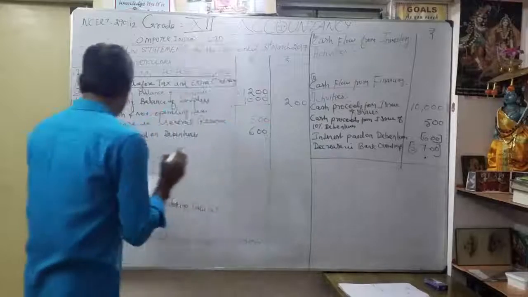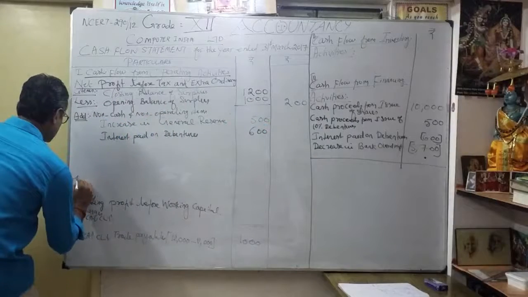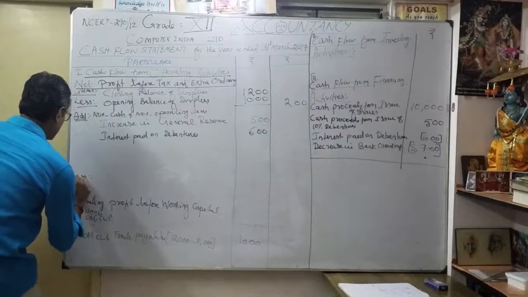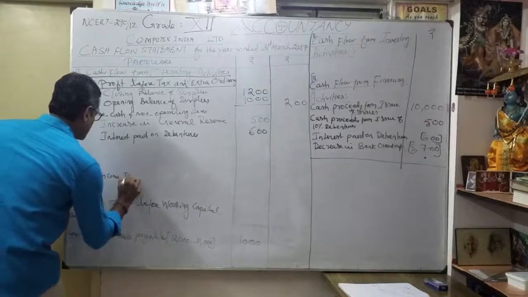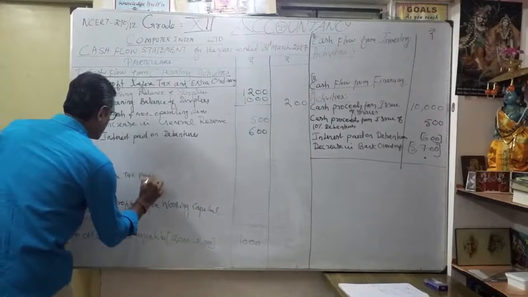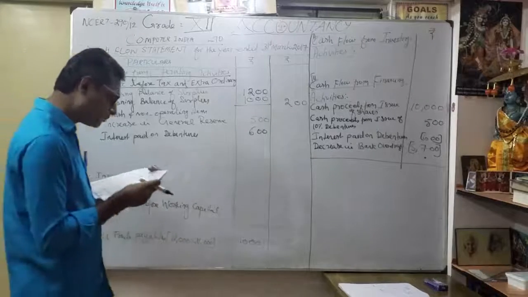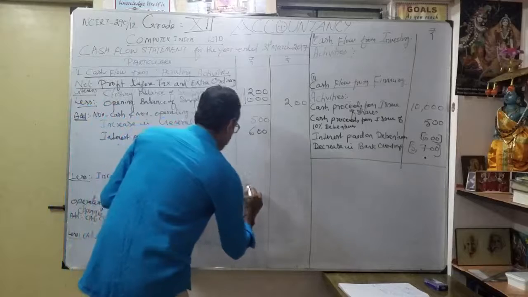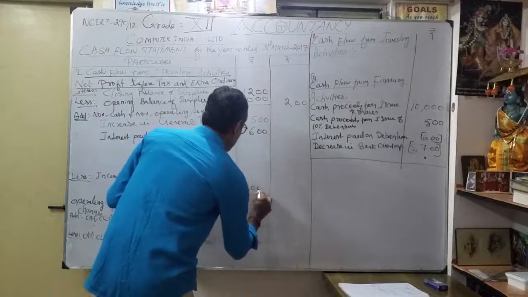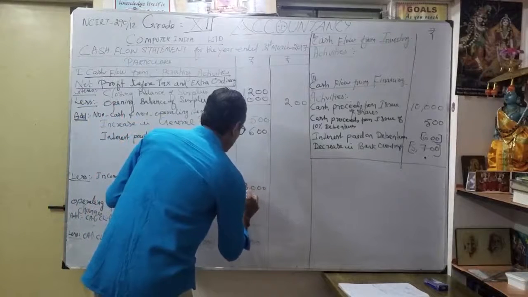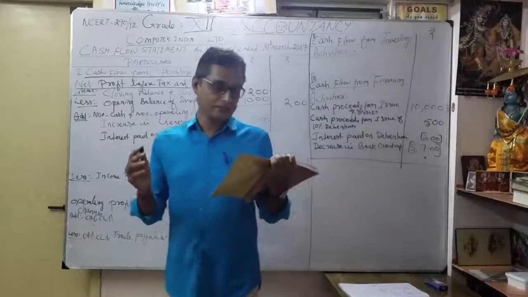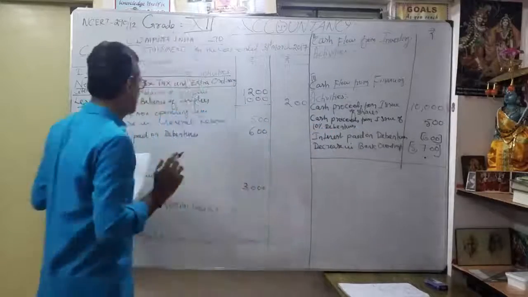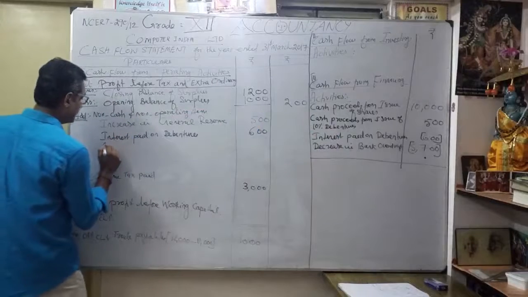Okay, so the 3,000 we are going to show here. You know already. Correct? Yes. Okay. Income tax paid. How much? 3,000. I write it here 3,000. Then, the provision for taxation for current year, how much? 4,200. You know very well. Write it here.